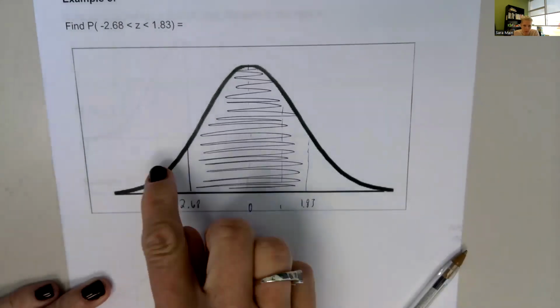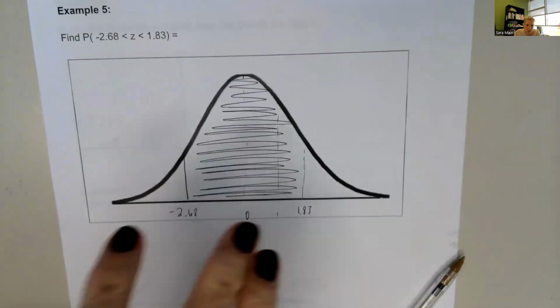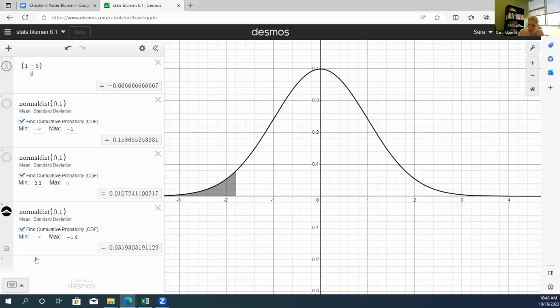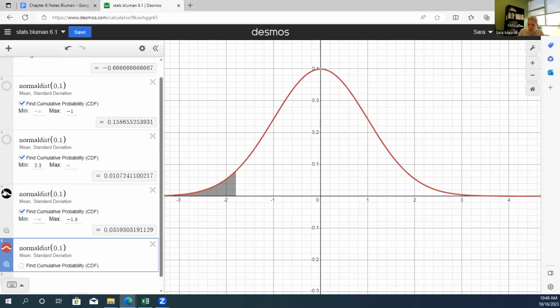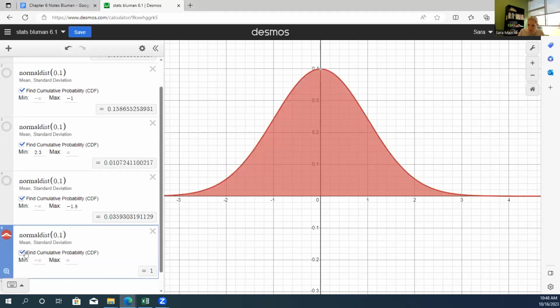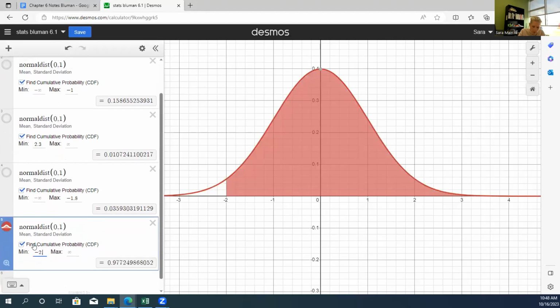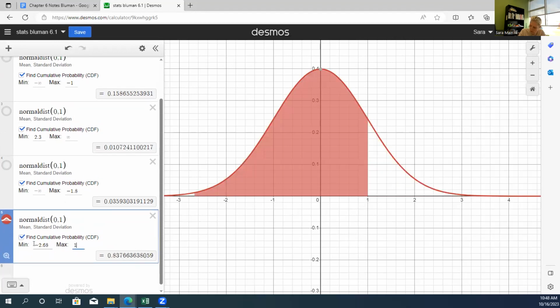So let's see what percentage of observations would be between these two markings in our z-score. So let's go to Desmos. And I'm going to create another one and turn that one off, and make sure you're always hitting the cumulative. And there's my full picture right now, but we want to be between a negative 2.68 and 1.83. And there's my shaded area.